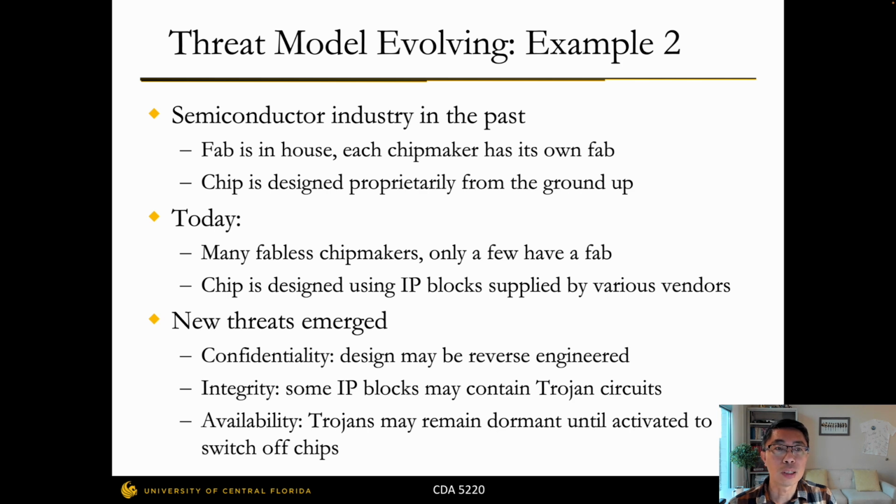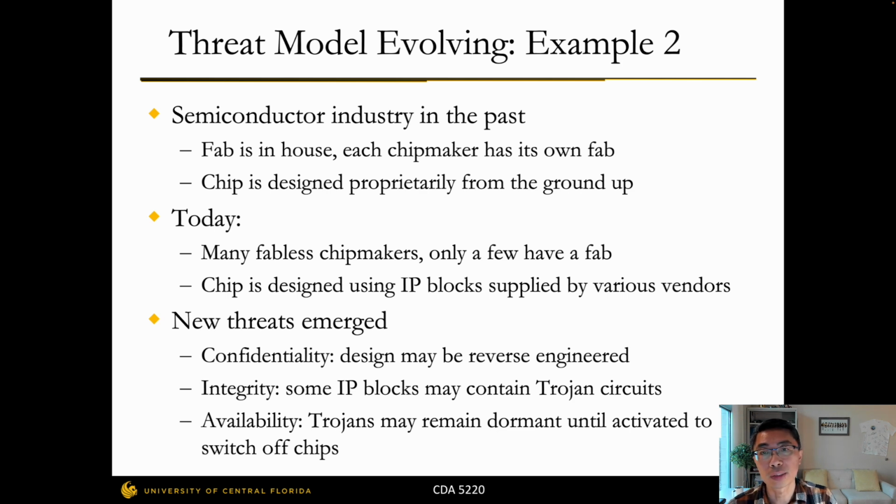It's an active research topic to figure out whether there is a Trojan, or whether we can design something to detect the Trojan. It turns out it's pretty difficult because the Trojan can remain dormant for a long time until it is activated.